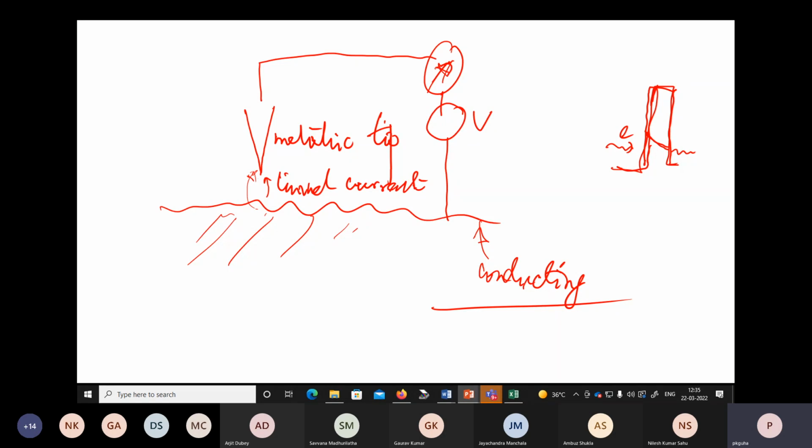So this is the basic working principle. Only the bottleneck is the sample has to be conducting. If the sample is insulating, it will not work. Now, how are you going to scan? It's like in SEM. In SEM also you do a raster scan, right?